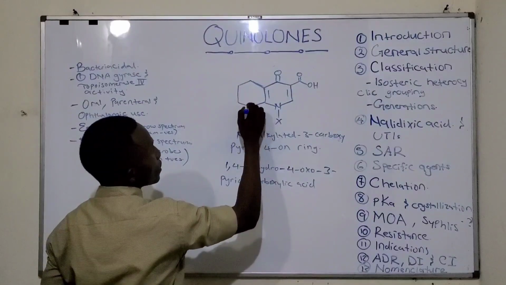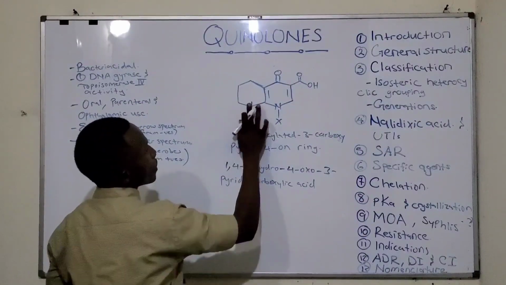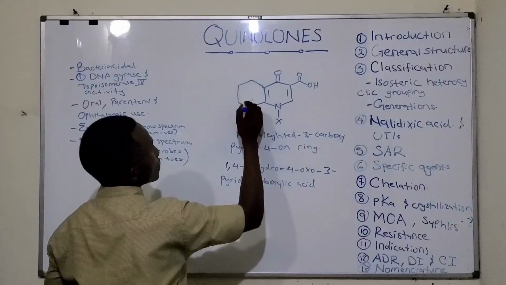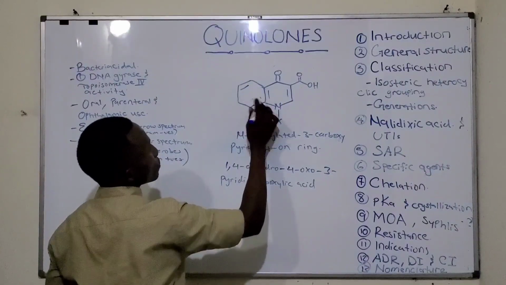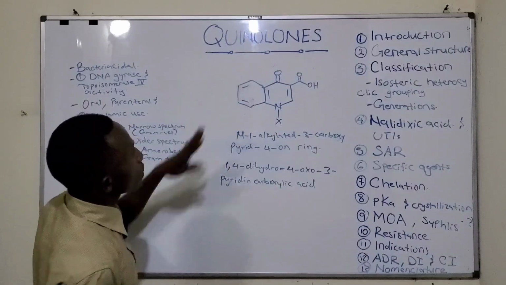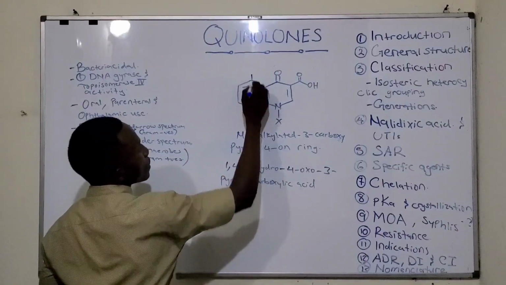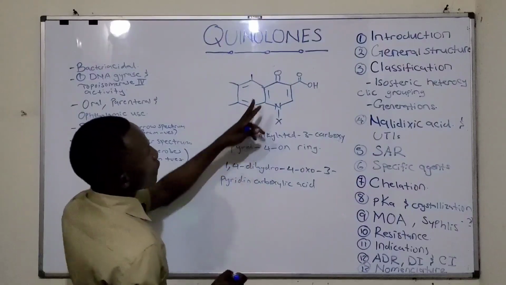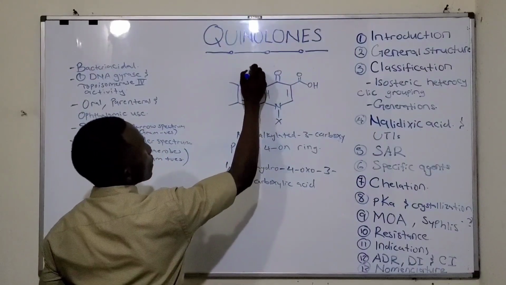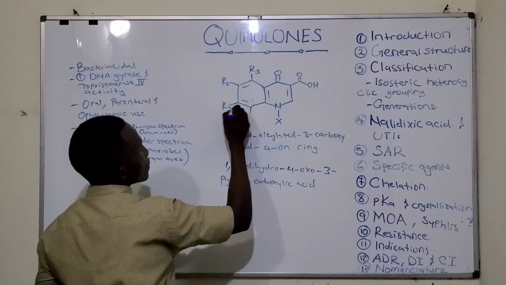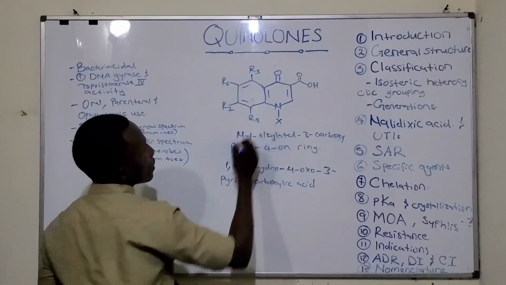For example, this one can be N. And this aromatic ring also has substituents, which can be R5, R6, R7, and R8.